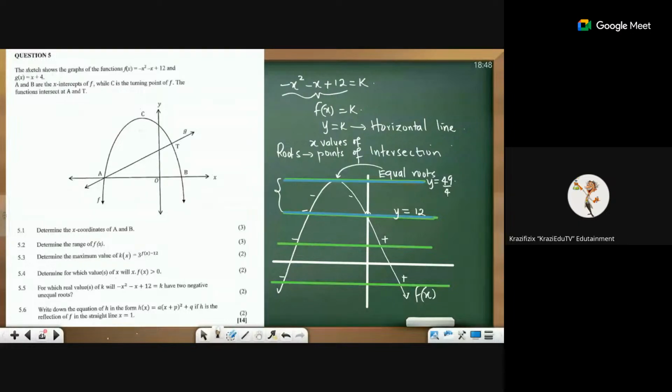So we are saying between these two lines, y should be between what? 12 is the small number. 49/4, which is 12.25, should be my big number. But am I looking for y though? Determine the values of what? k. Oh, wait. This is equal to k. Can I replace it? And that's my answer. We are done there.